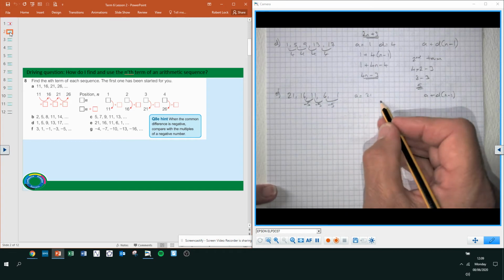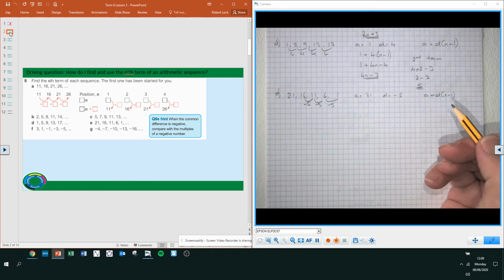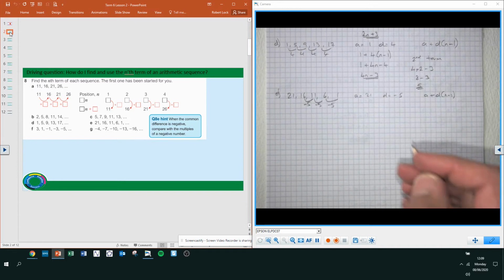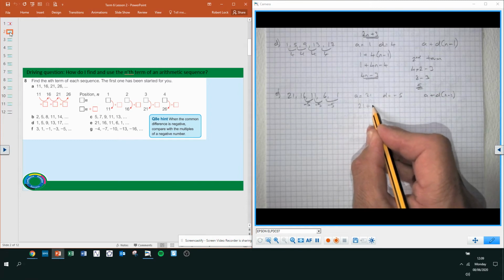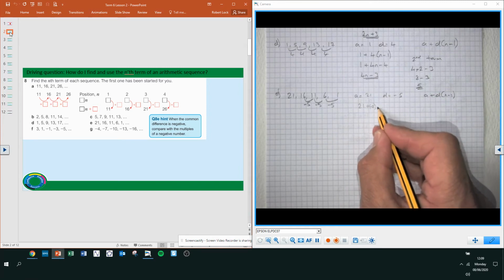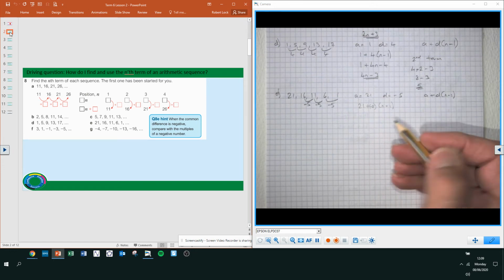A is 21. D equals minus 5. This is where the signs get mixed up. We have to be careful with our signs. So A is 21 plus minus 5 bracket N minus 1 bracket.